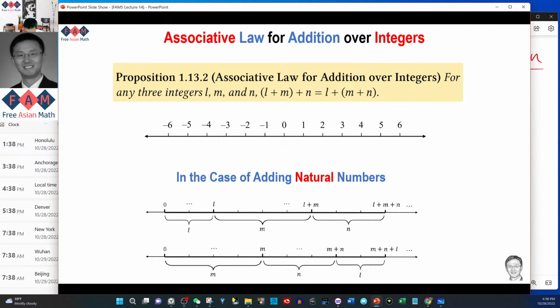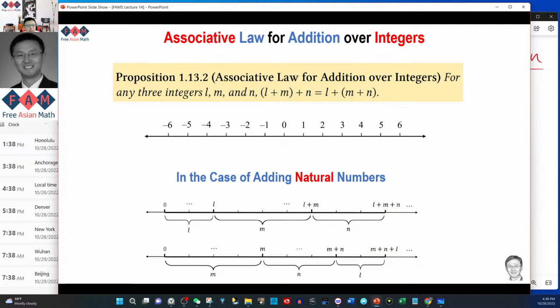But you'll see that it doesn't really matter which way you want to concatenate all the three. So if you concatenate the last two, then concatenate with the first one, you should still get the same total length for the combination of the three line segments. That's how we intuitively use the number line to explain why the associative law works.